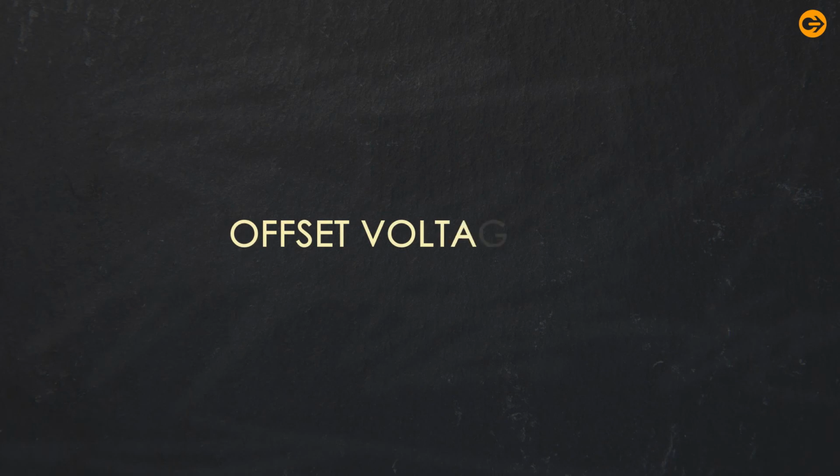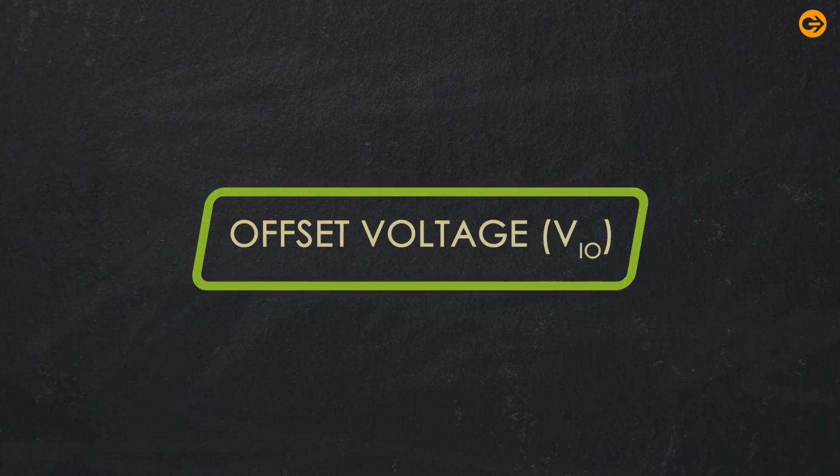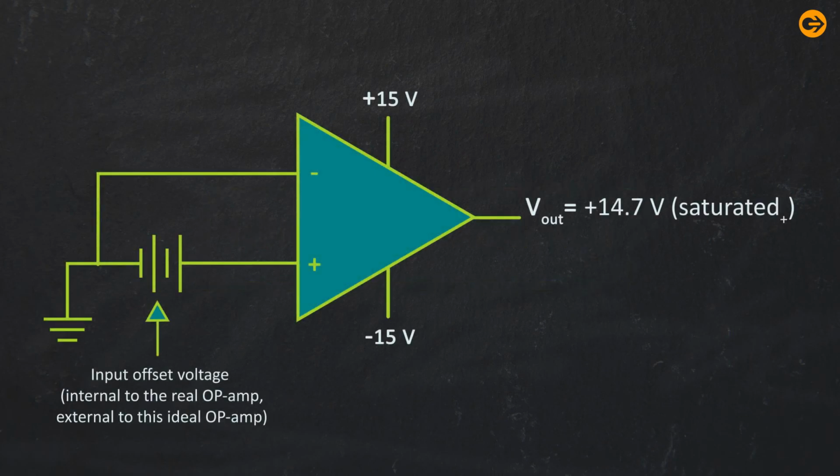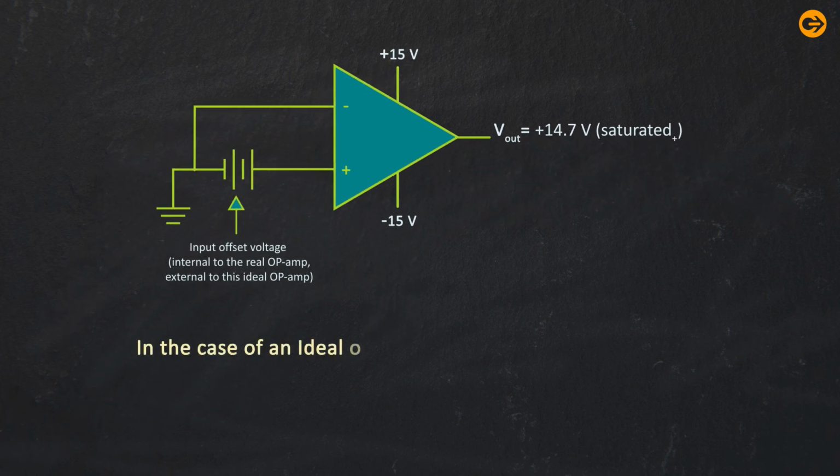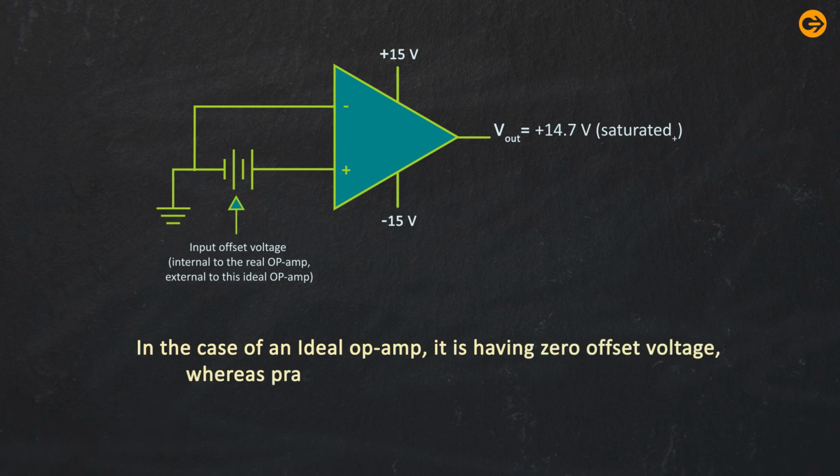Offset voltage or VIO. The input offset voltage represents the required differential DC voltage between the input terminals to make the output 0 volts with respect to ground. An ideal op-amp has 0 offset voltage, whereas practical op-amps show some small offset.